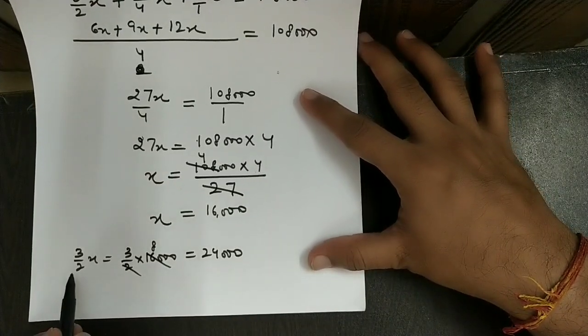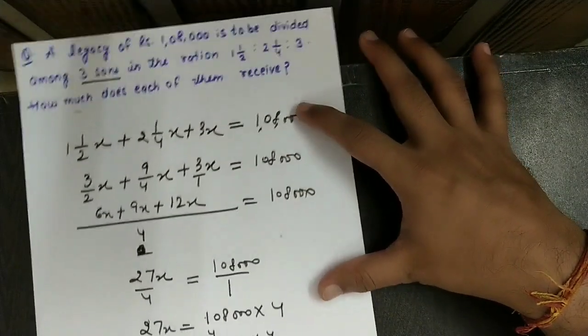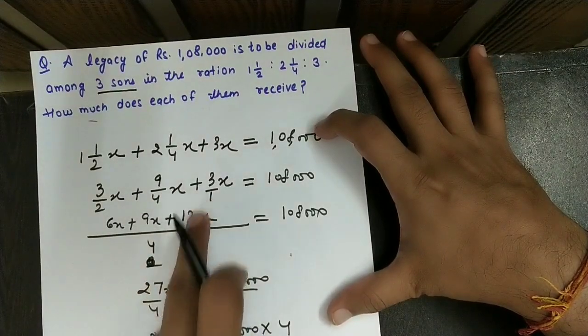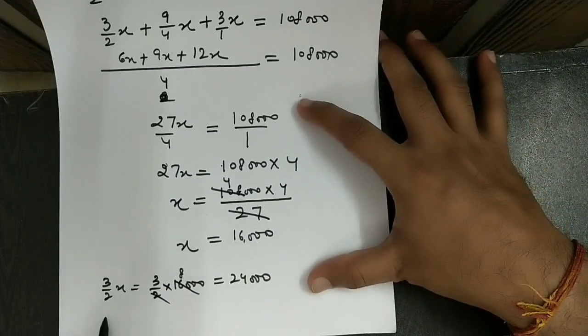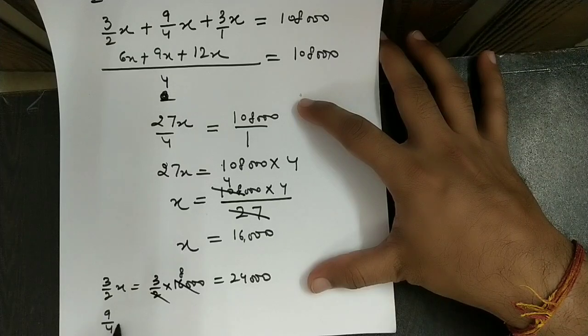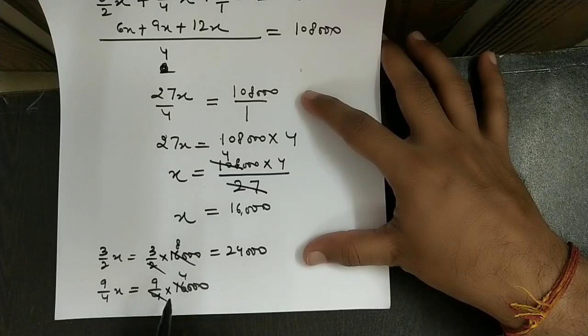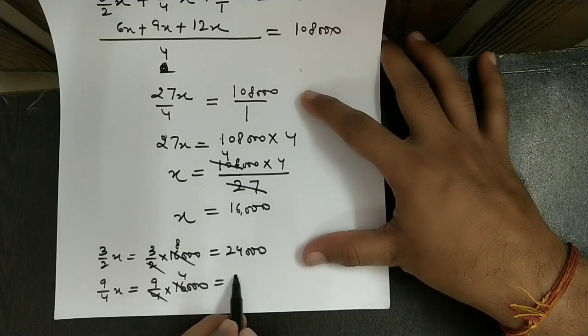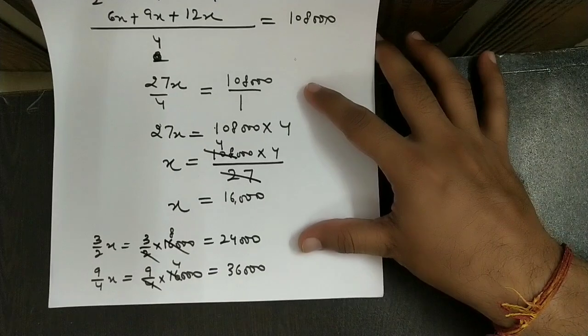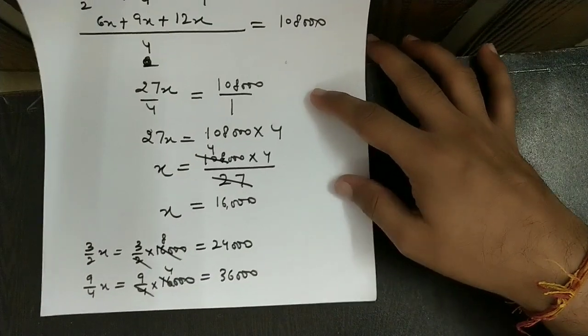One will get 24,000. The second one was 9 by 4x, it means 9 by 4 into 16,000. 4 fours are 16 and 9 fours are 36. The second person will get 36,000.